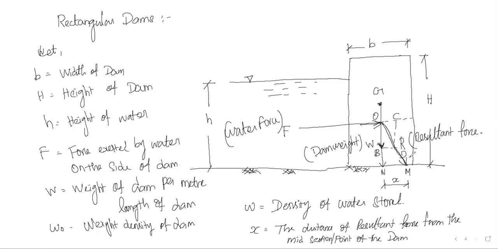Why we are telling this is because we are going to use it while calculating stresses. Now this will be the eccentricity. The force is going to act with an eccentricity, that X distance. So that's why we are telling this also. Now let us move on to the calculation part.